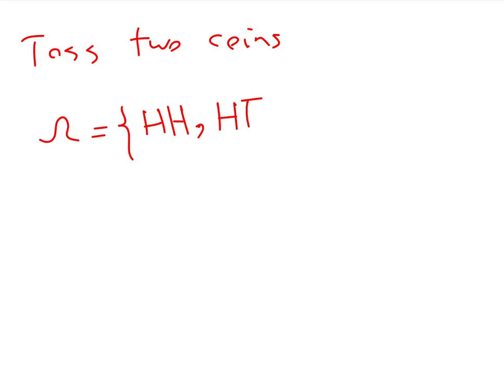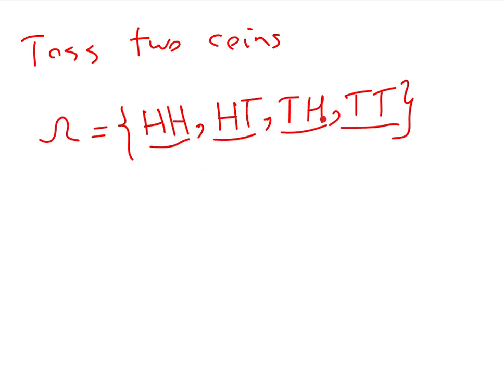Head, tail, tail, head, and tail, tail. In this example, our sample space has 4 members. If we assign real numbers to each outcome of a random experiment, or to each member of our sample space, we have a random variable.